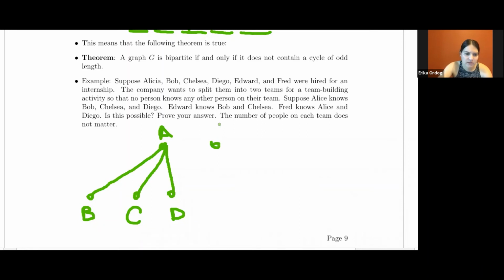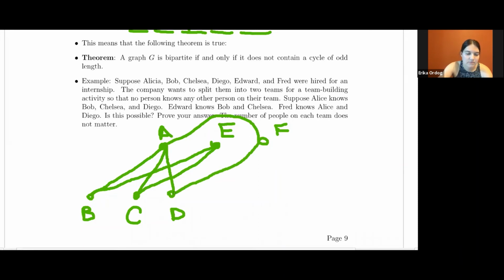Then Edward, we can draw another vertex here, knows Bob and Chelsea. Okay, and Fred, label that vertex with an F, knows Alice, draw an edge over here, and Diego.